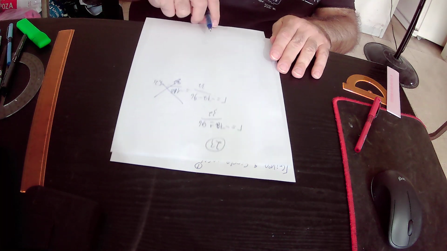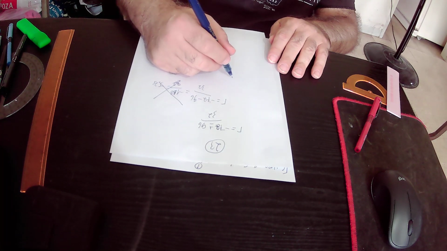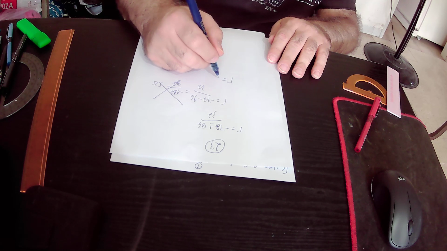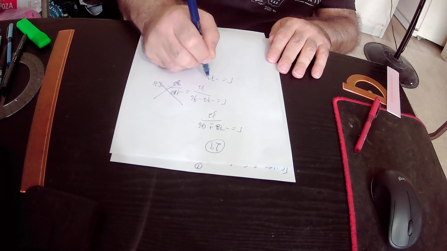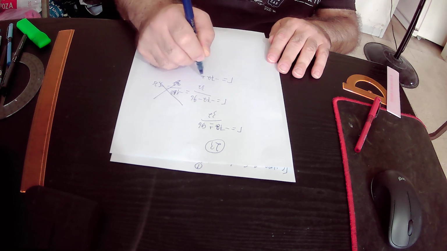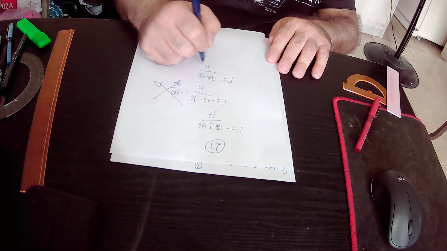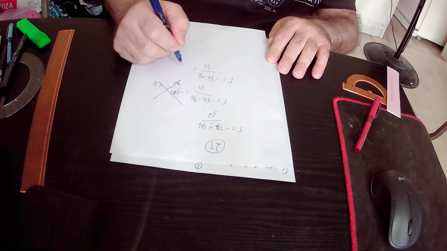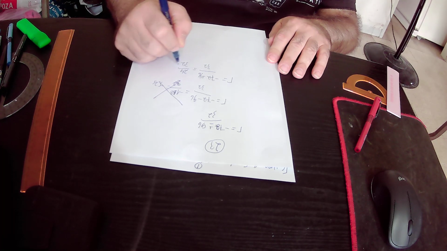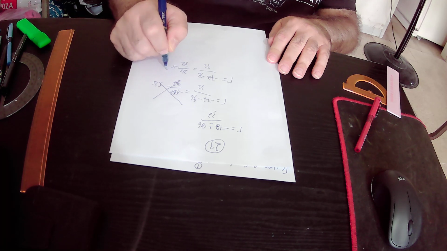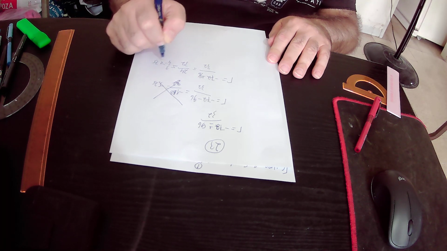So we are left only with the other solution, that r equals to minus 72 plus 96 over 32. Minus 72 plus 96 is 24, and 24 over 32 is 3 over 4, or 0.75.